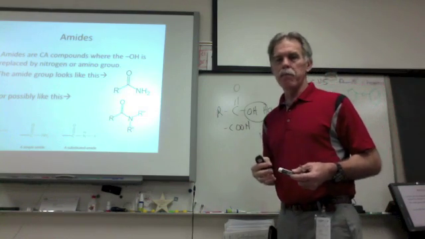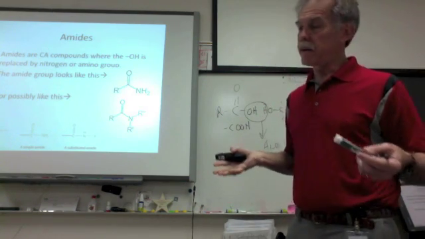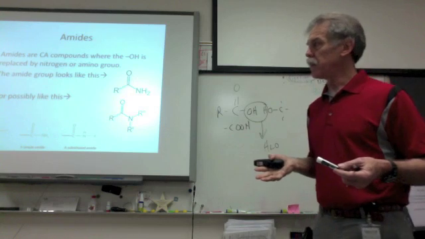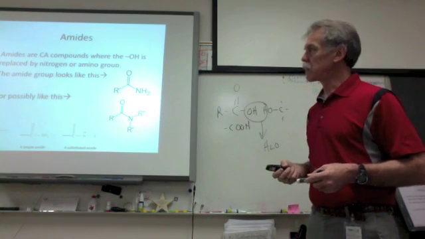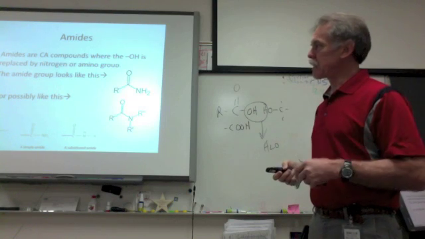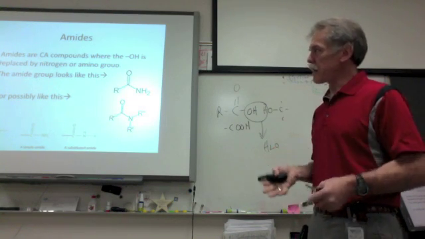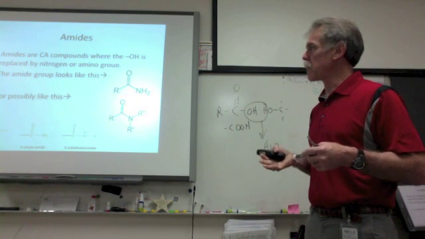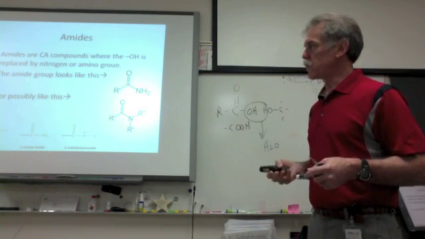Amides. So we're getting up on our last group, and there are other types of groups, but we're trying to cover the most common ones. Amides are carboxylic acid compounds where the OH is replaced by a nitrogen or amino group, the NH2 group.